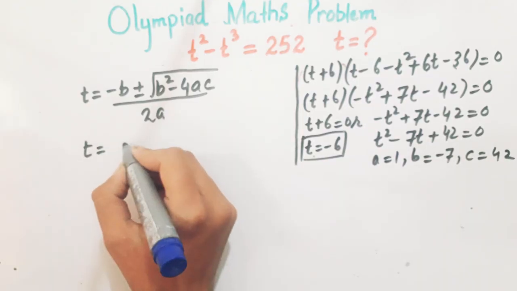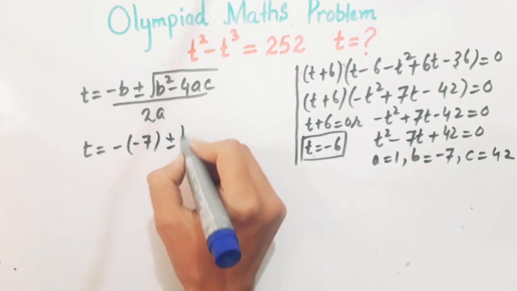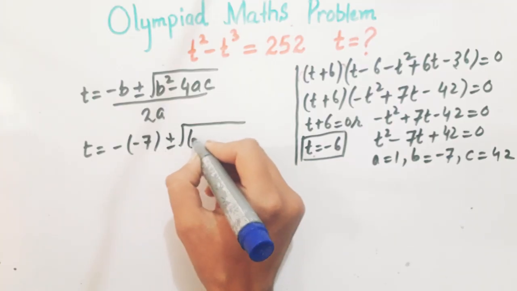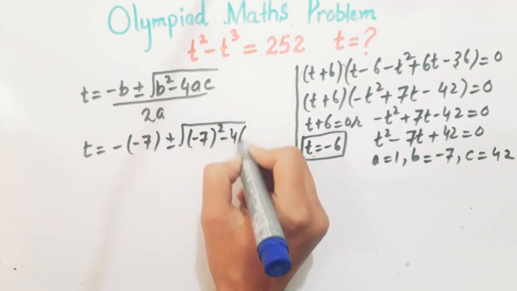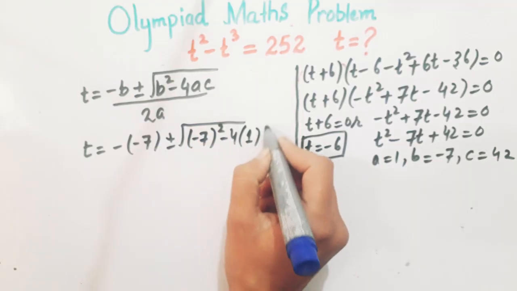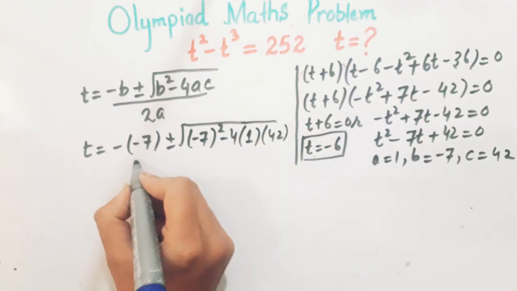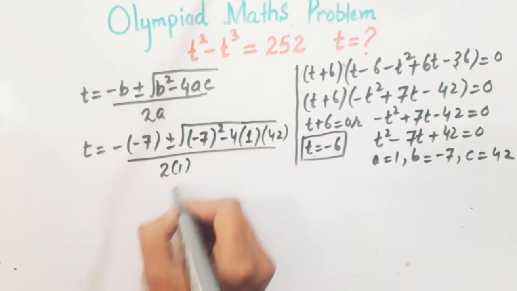So we get t equals minus b, minus into minus 7, then plus minus square root of b square means 7 square minus 4 into the value of a is 1 and c is 42, divided by 2a means 2 of 1.